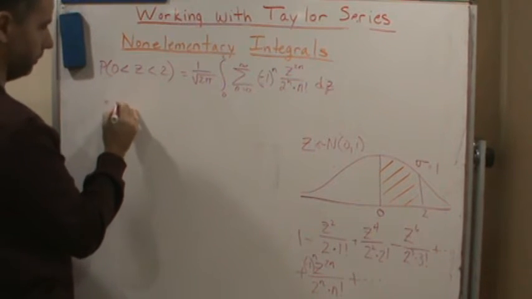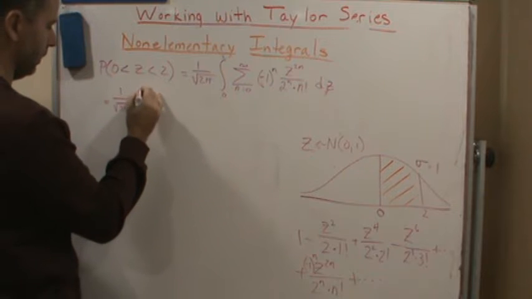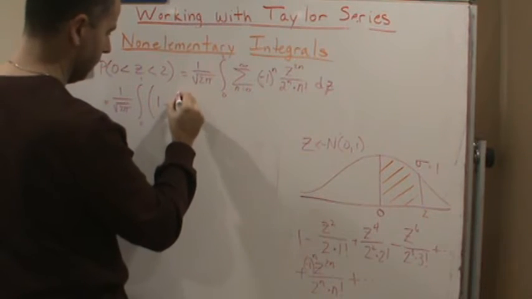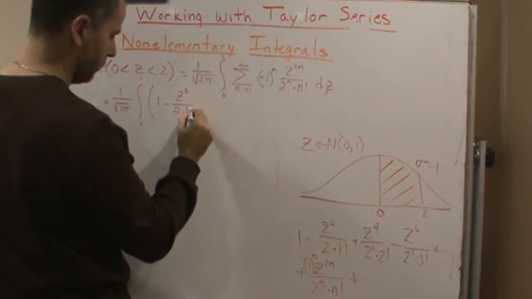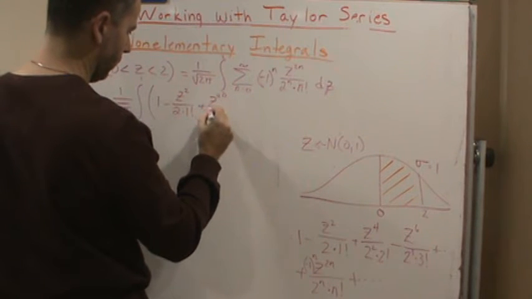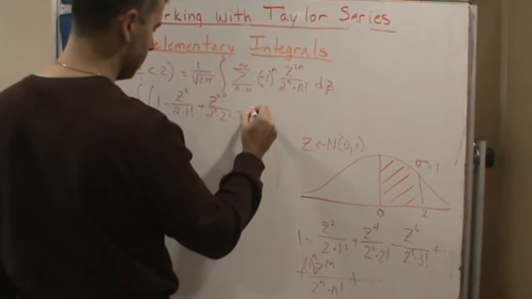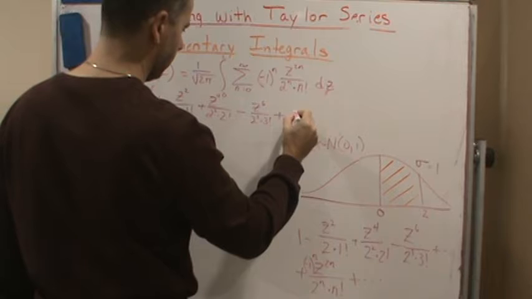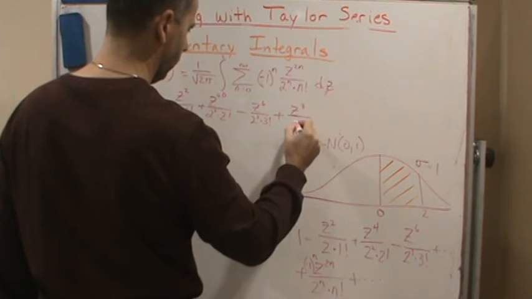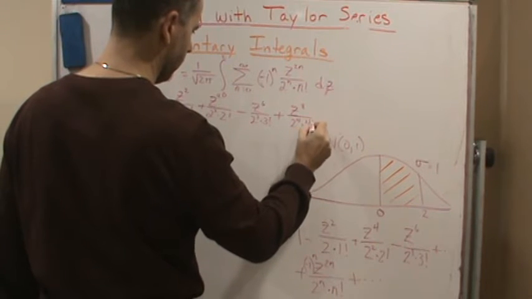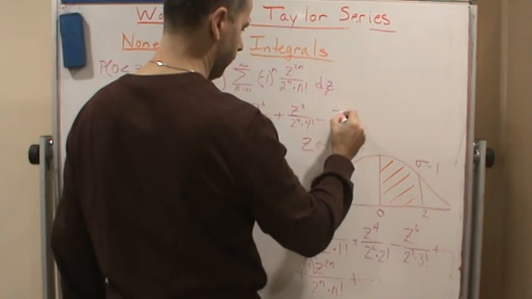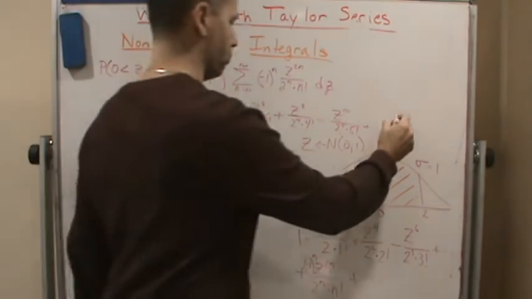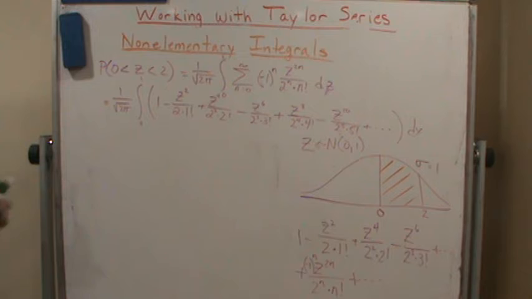And so this is going to equal 1 over the square root of 2 pi times the integral from 0 to 1 of 1 minus z squared over 2 times 1 factorial plus z to the 4th over 2 squared times 2 factorial minus z to the 6th over 2 to the 3rd times 3 factorial plus z to the 8th over 2 to the 4th times 4 factorial minus z to the 10th over 2 to the 5th times 5 factorial, and so on and so forth. dz. Okay.